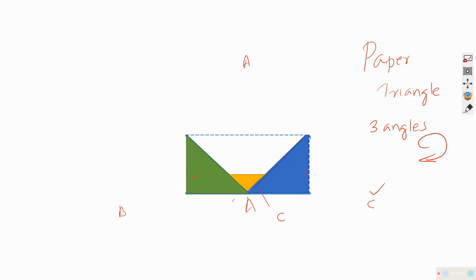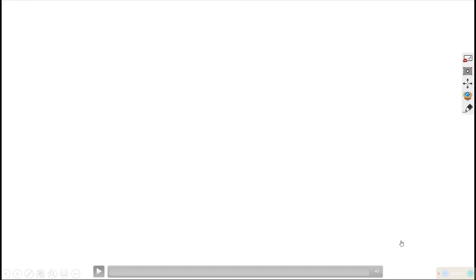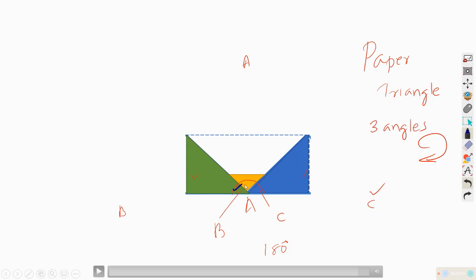That means the A, B, C over here are meeting here, and it completes the three corners, or three angles, of the triangle. Here the green part, the yellowish part, and the blue.